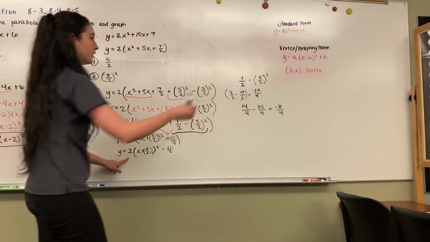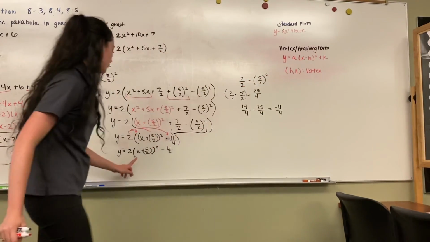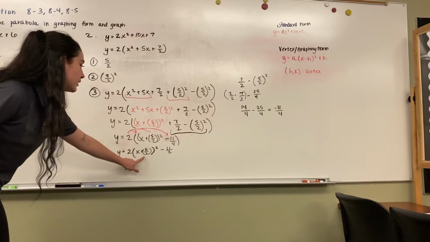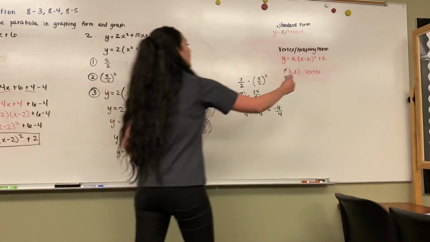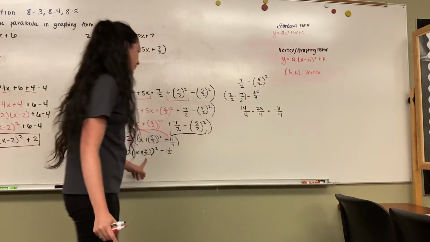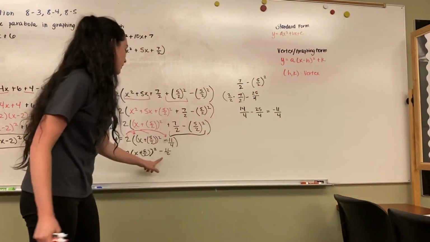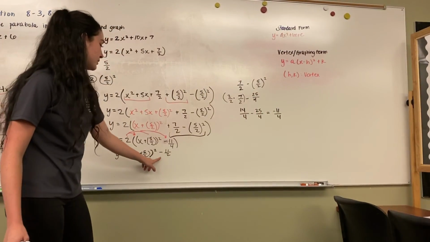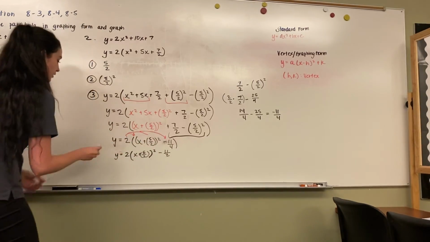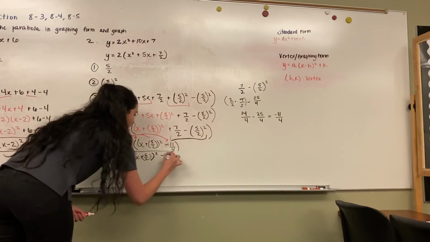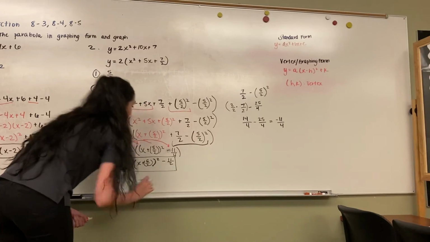Our A is 2. Our H, since we have plus 5 over 2, our H is negative 5 over 2. Do you notice how those signs are different? And then plus K, which means our K is negative 11 over 2. So we are in vertex form, and that means we can graph that parabola.